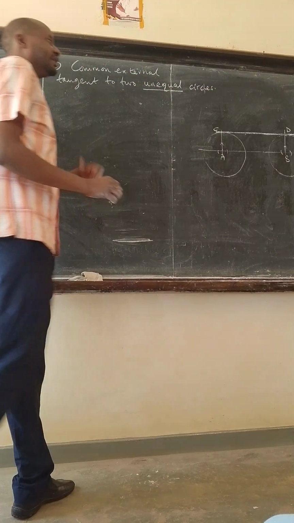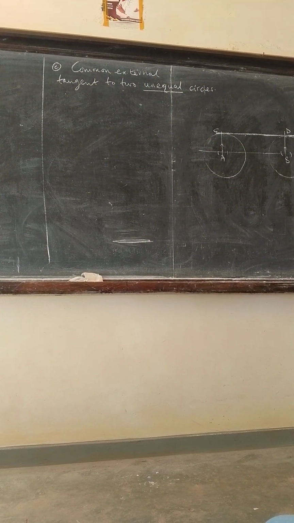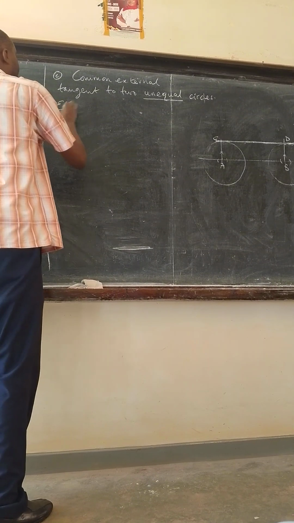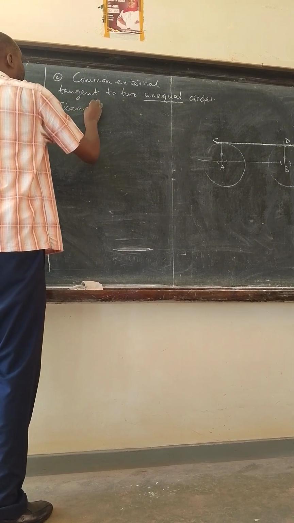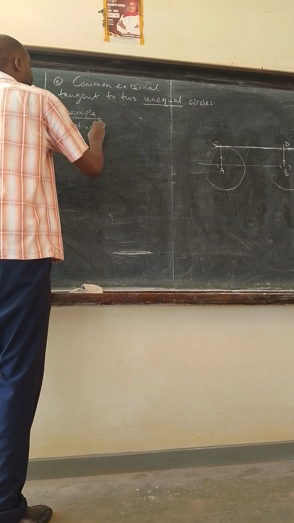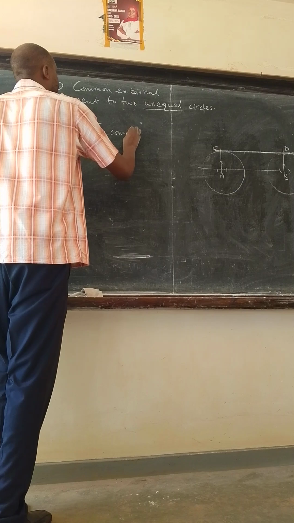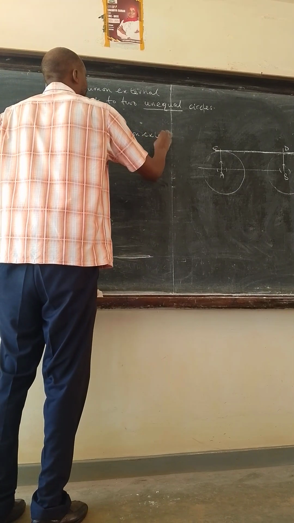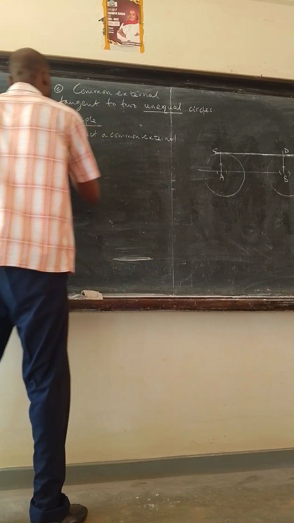Or you can use the longer sentence: to two circles which are not equal. Something like that. And now we shall just break down our examples. Construct a common tangent to the circle below.